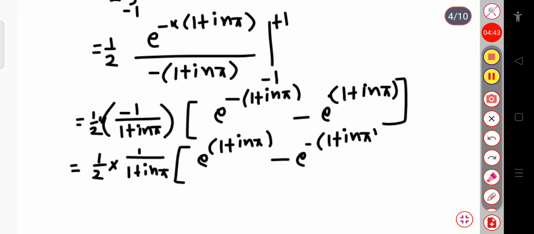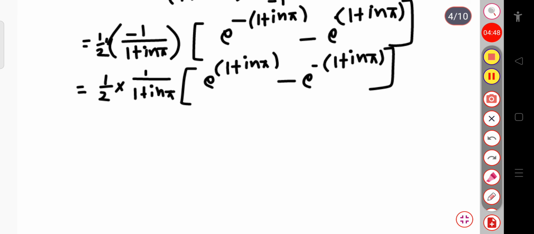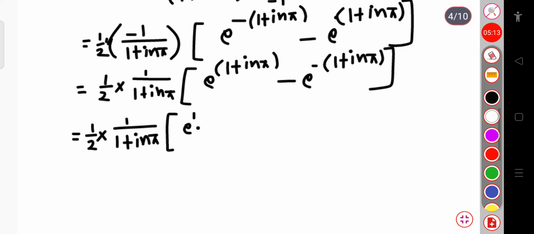Now if I represent this exponential term in terms of the cosine and sine functions, this can be written as 1/2 times 1/(1+iπn), and in place of e^(1+iπn) we write e^1 times e^(iπn), since e^(iθ) = cos θ + i sin θ. Let me write.